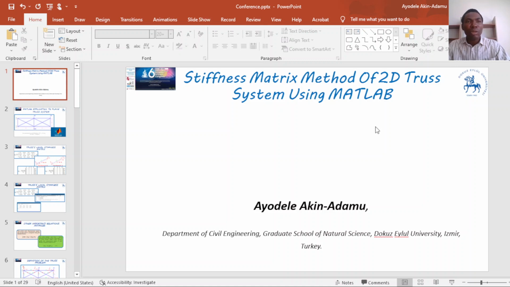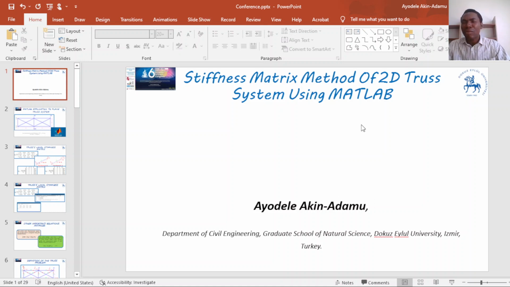Using Matlab, I'm going to add a very, very large stiffness called infinity in Matlab to denote our large stiffness. This is another procedure of solving truss problem using the finite element procedure.